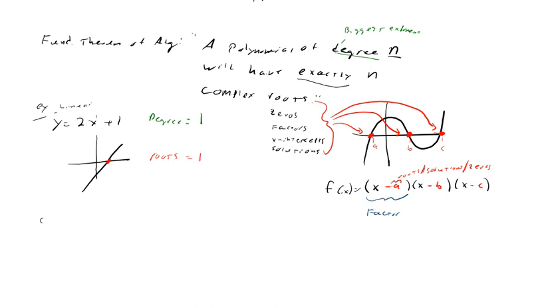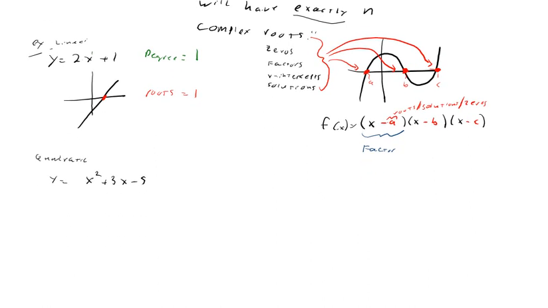If you have a quadratic equation, y equals x squared plus 3x minus 5, you're going to have an equation that looks something like this. Its degree is 2, and it's going to cross the x-axis 2 times.